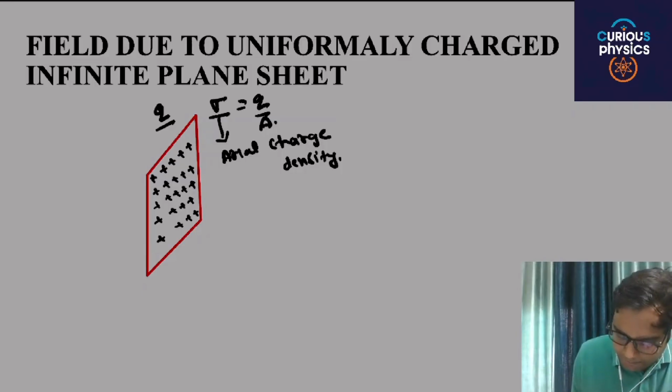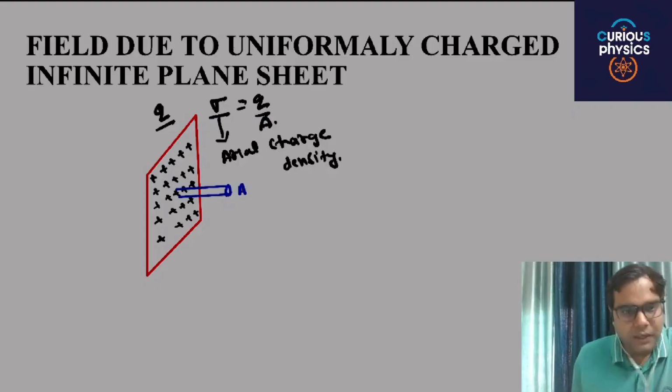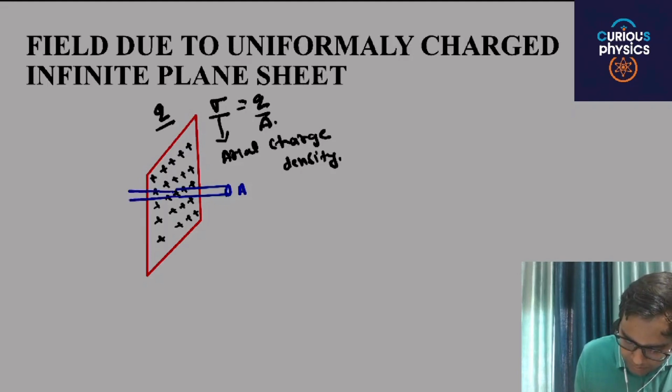So let's say the area is this. This is one area, and one electric field is in the backward direction, in this direction, and here again the area will be A. Okay, and at that particular point, the charge will be sigma into A.